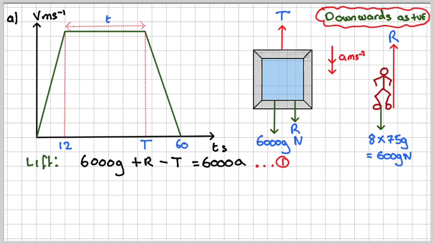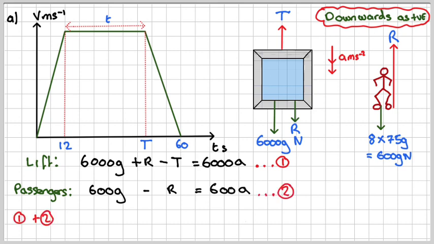And then for the passengers, we have 600 G newtons minus R, equal to 600 A. If we do 1 plus 2, we get 6,600 G minus T is equal to 6,600 A. This number 3 is the main equation of motion we're going to use.